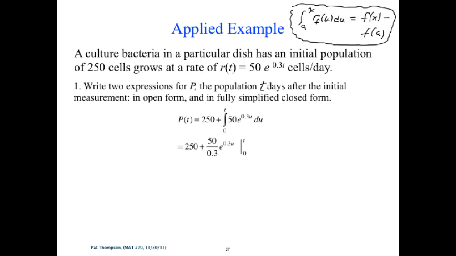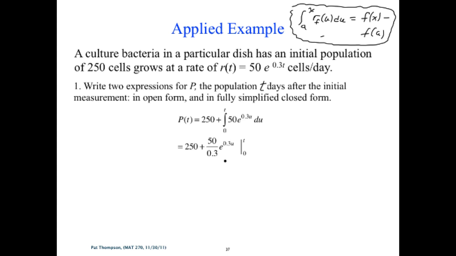So here's our antiderivative. And here's a notation I haven't mentioned yet, which is really helpful. What you can do is write the antiderivative, which is 50 divided by 0.3 e to the 0.3u. And then this bar means exactly this up here. It means evaluate it at t, evaluate at 0, and subtract.